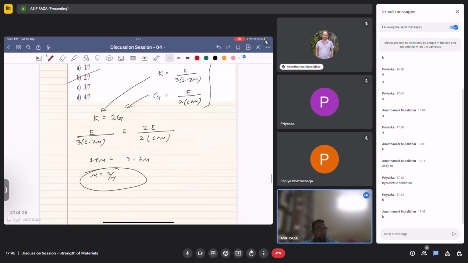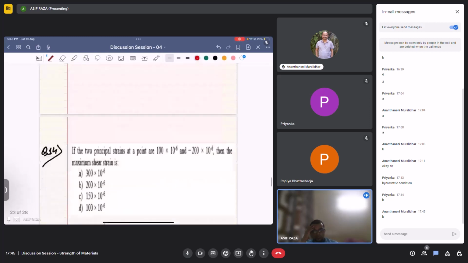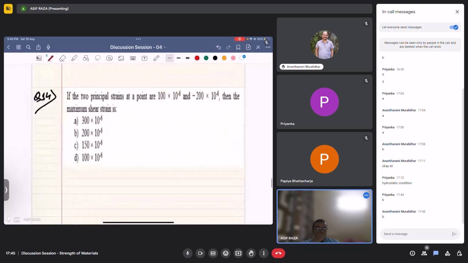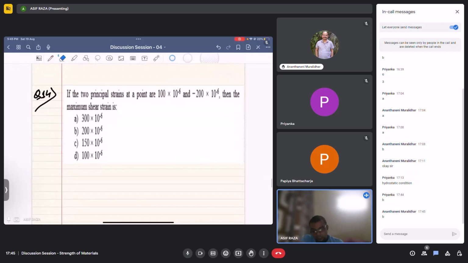Okay, this is quite an easy question. Let's move on to the next question. I hope you guys will get this question correct. So we are given the two principal strains at a point are 100 into 10 power minus 6 and minus 200 into 10 power minus 6. Then the maximum shear strain is. So we are given epsilon 1 and epsilon 2.